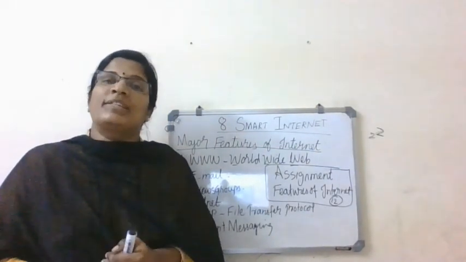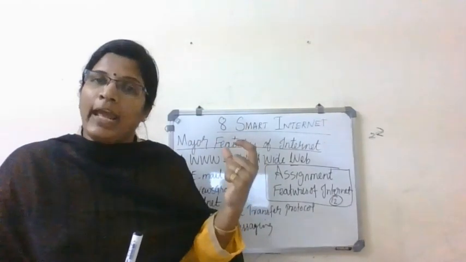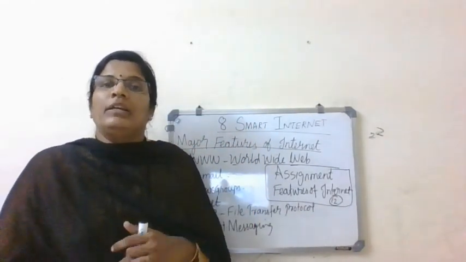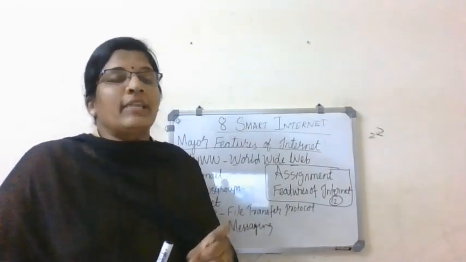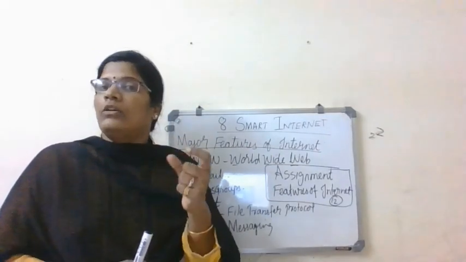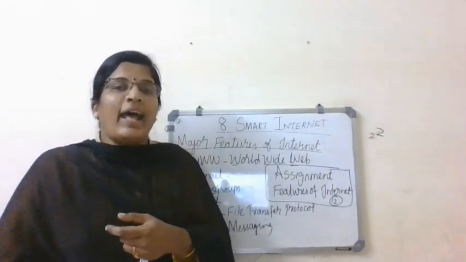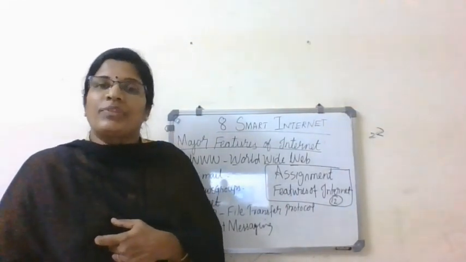If you don't know, then search for it on the internet. You have to list them out: give one heading, and below it explain what that particular feature means. If it is e-commerce, then you have to say it is the way of buying and selling things online. To do this, you need a credit or debit card. You have to provide your address for the delivery of the product. Everything you have to write.